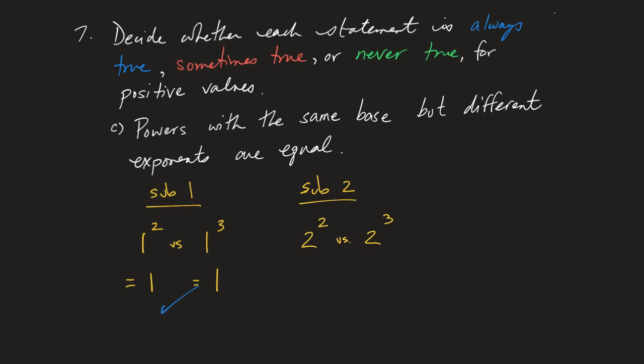Powers with the same base but different exponents. So if I calculate the first one, I got 4. If I calculate the second one, I got 8. Those are not equal. No. And so I found an instance where it was. I found an instance where it isn't. Therefore, it's only sometimes true.